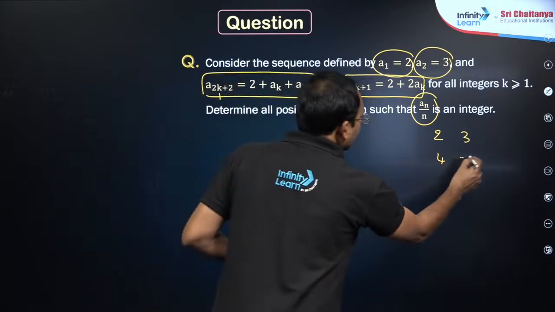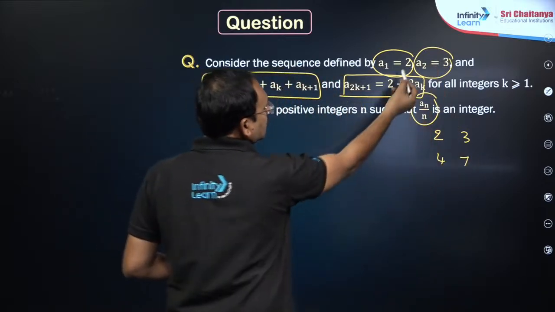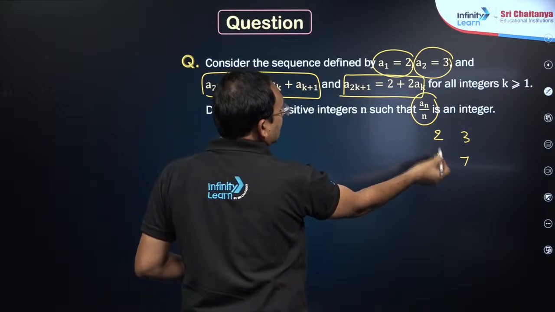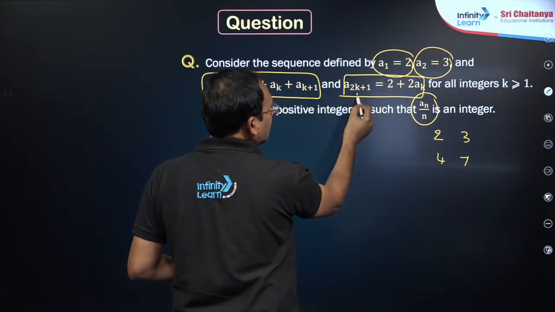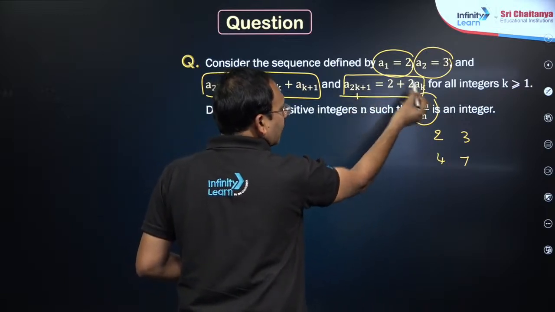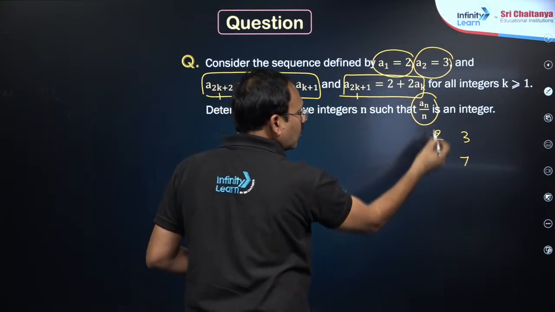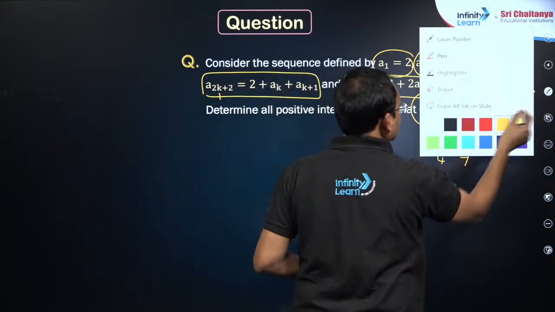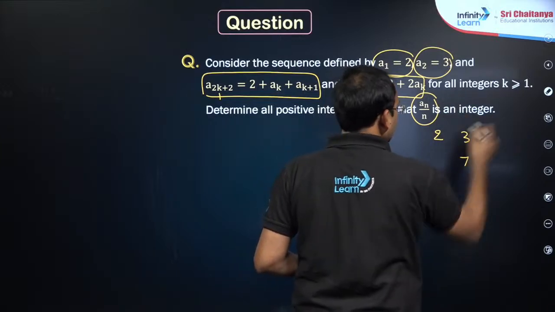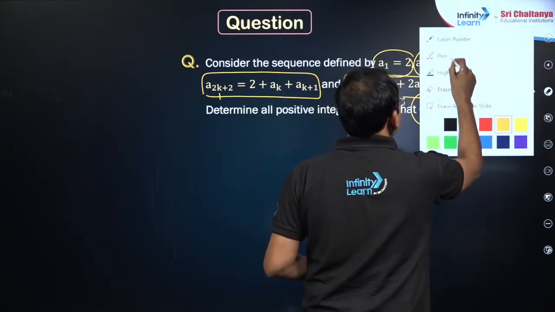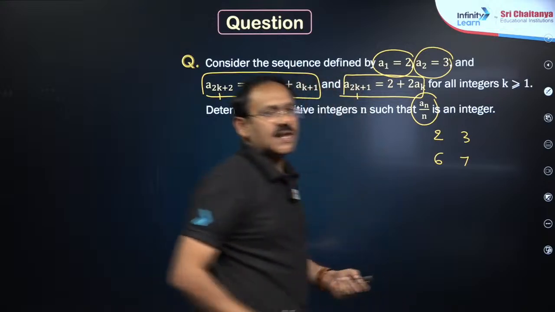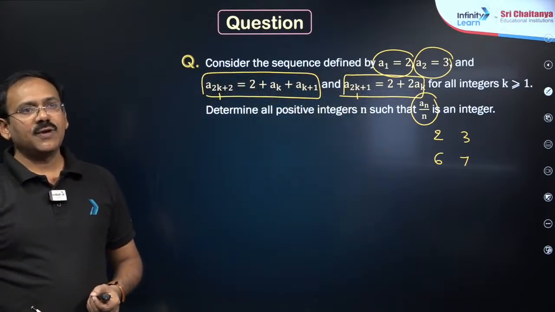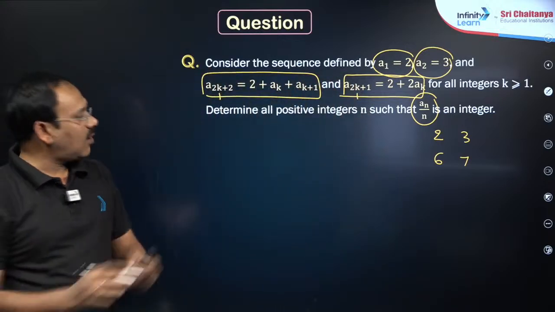So A3 is 6 and A4 is 7. In this way, you can find the pattern of the numbers.